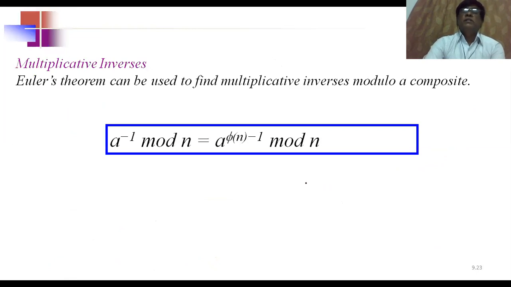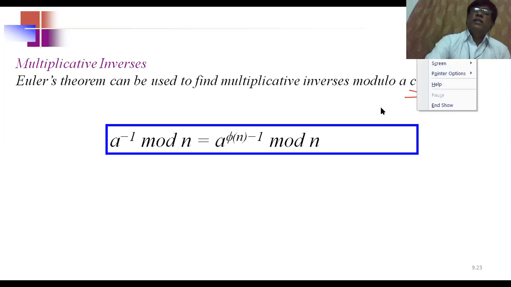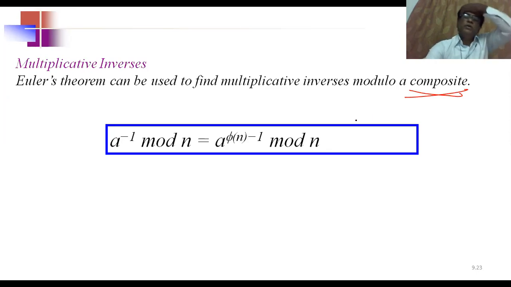So by using Euler's theorem, we can find the multiplicative inverses for a modulo composite value. If the modulo divisor is prime, there is one way of calculating the multiplicative inverse. But if the modulo divisor is a composite number, then Euler's theorem is useful to find the multiplicative inverse.